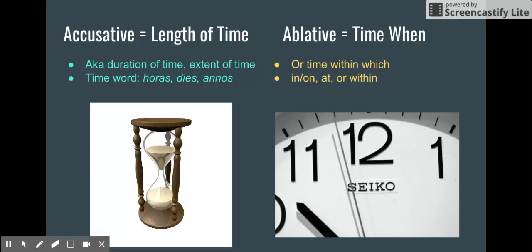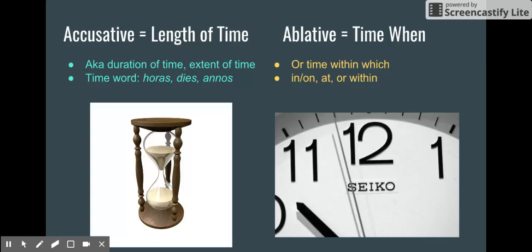Even that last one, within 3 weeks, which sounds like, wait, aren't you talking about length of time? But it's that within that's the key there, because we're not talking about something that happened for 3 weeks. We're talking about something that happened at one specific moment within that 3-week period.